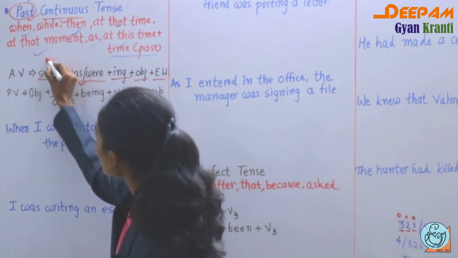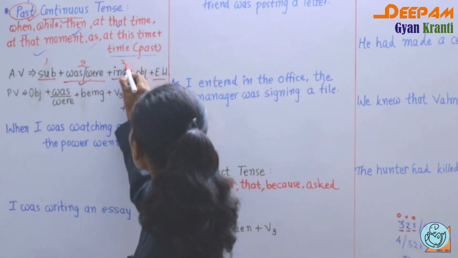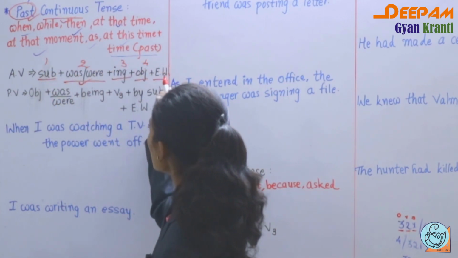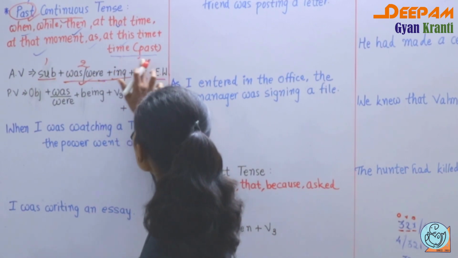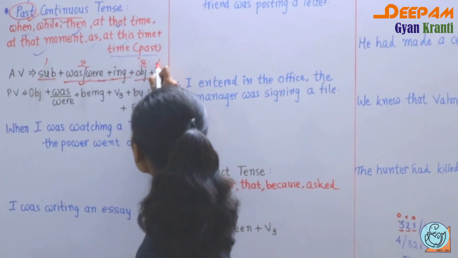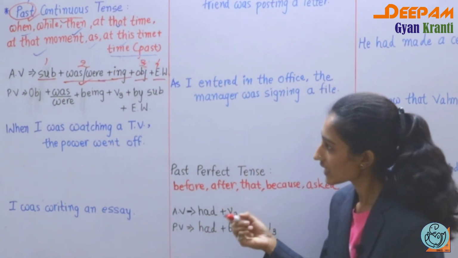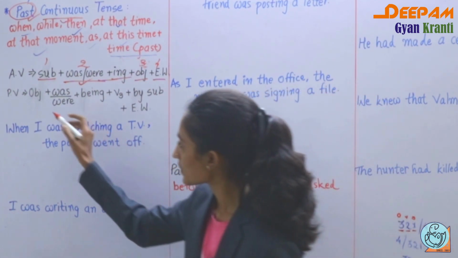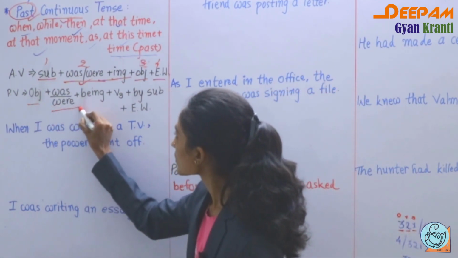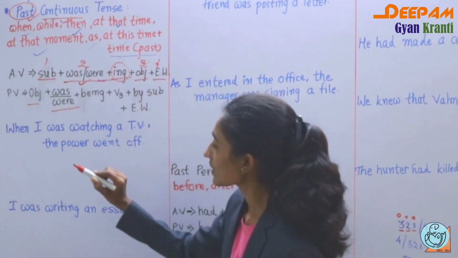Okay, so the things are like 1, 2, 3 and 4. Right, 1, 2, 3 here, object is number 3 and then 4. So while changing into passive voice, first comes the object, then was or were. This ing is very important.